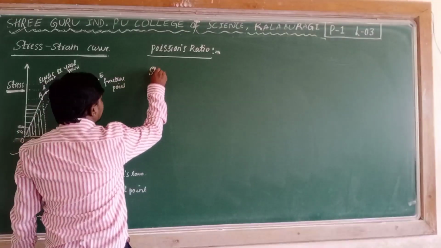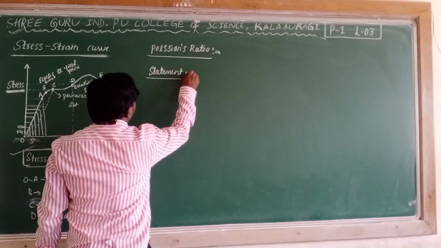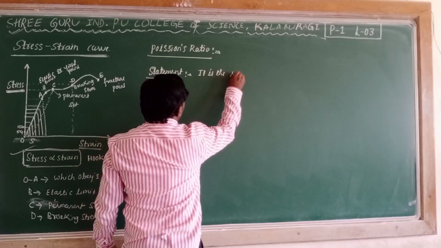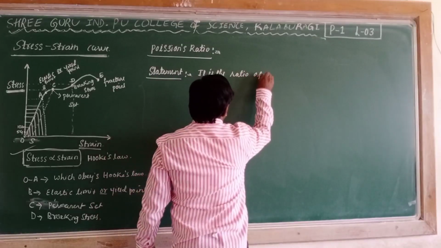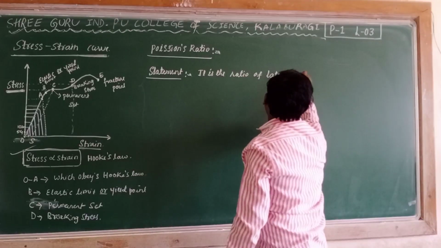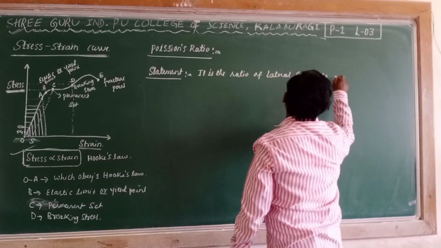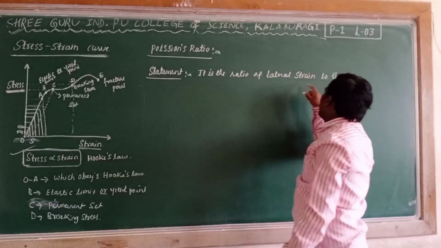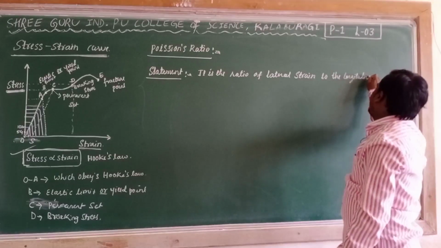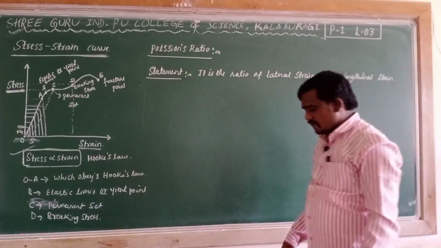The statement for Poisson's ratio is: it is the ratio of lateral strain to the longitudinal strain.